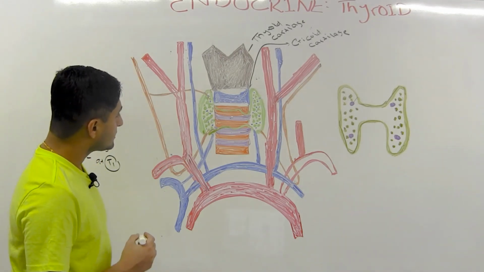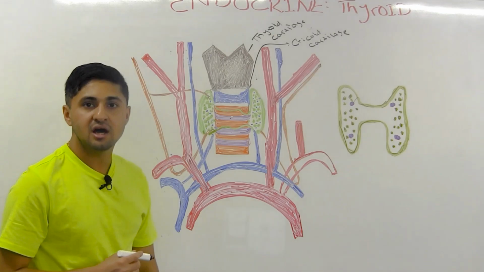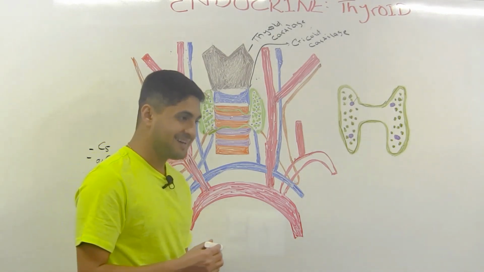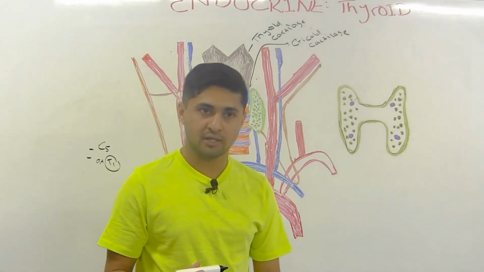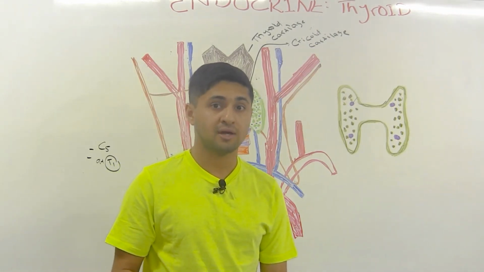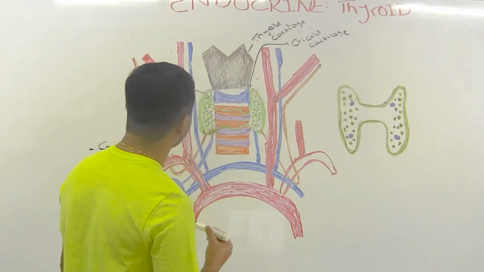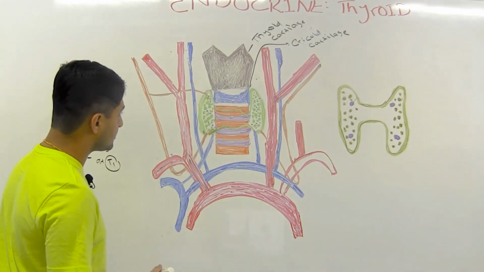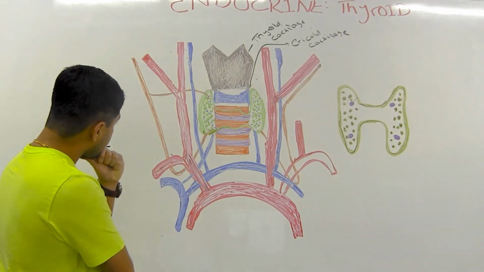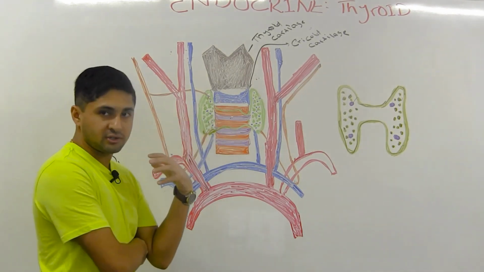Now, this thyroid gland is highly vascular, meaning that it receives about 80 to 100 ml of blood per minute. We'll talk about the vascular supply of this thyroid gland too. Obviously this is a butterfly-shaped structure, which is the thyroid gland.